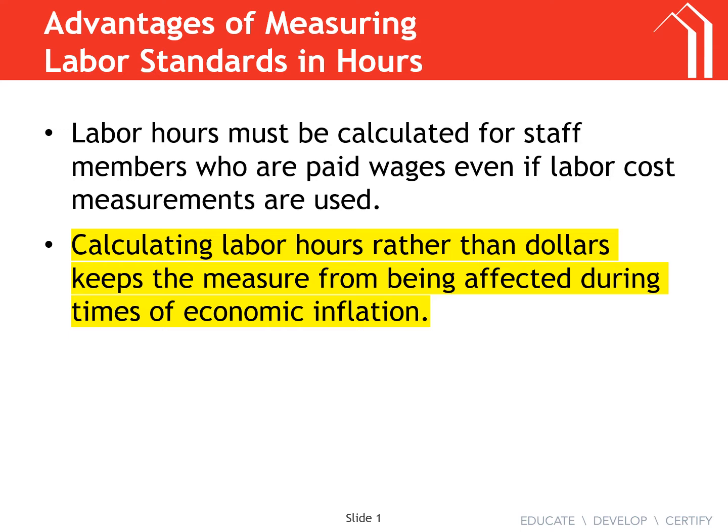And it says calculating labor hours rather than dollars keeps a measure from being affected during times of economic inflation. Now, why do I have that highlighted? Simple as this. If you do it in labor hours, say for instance, the inflation goes up and all of a sudden you're not making as much money per meal, and you have to pay your employees a little bit more.